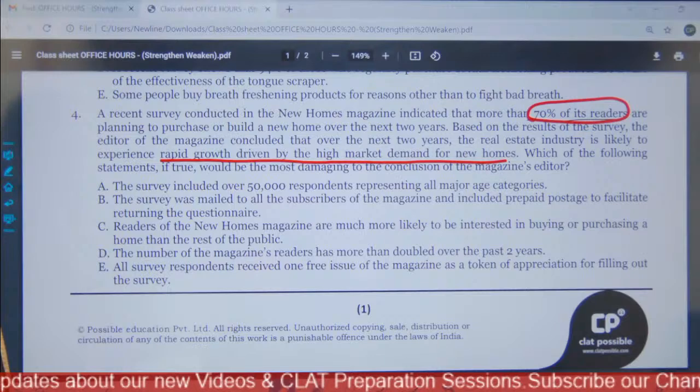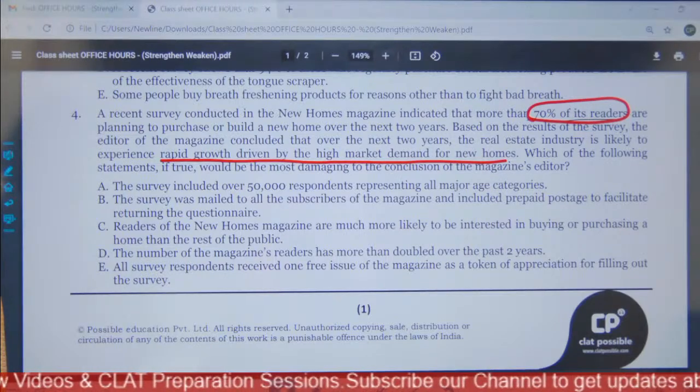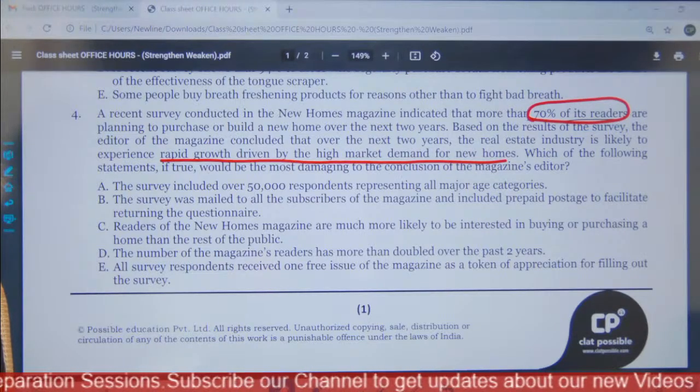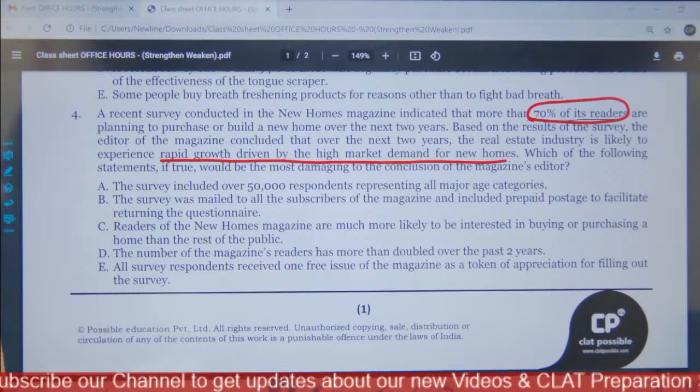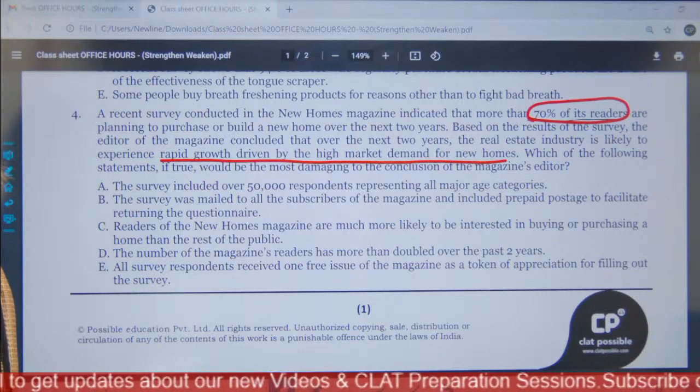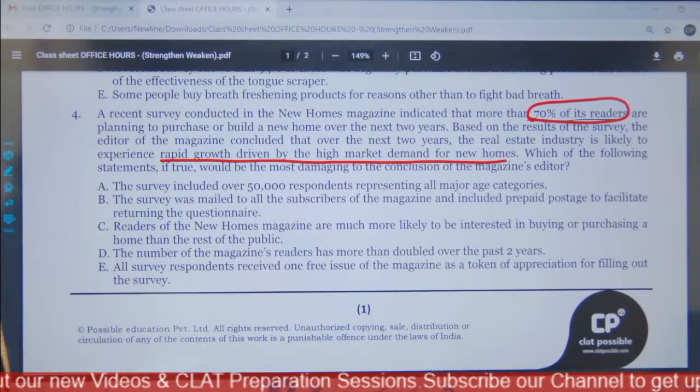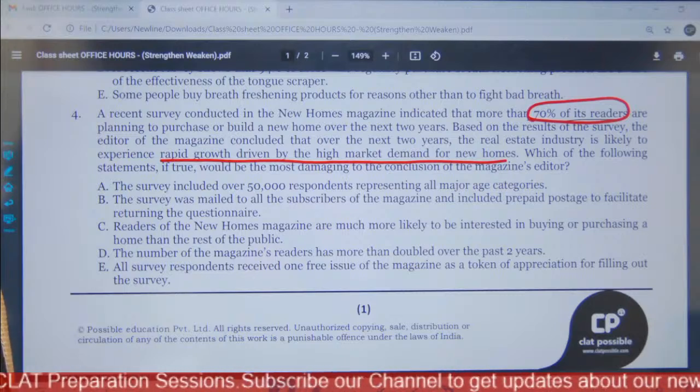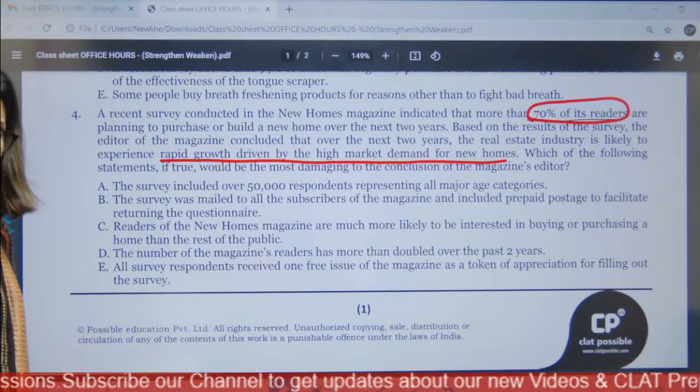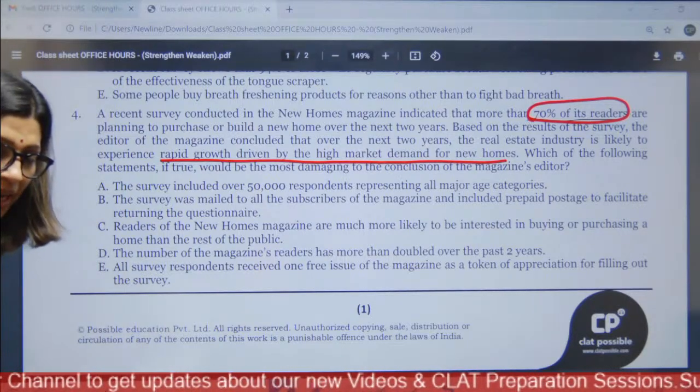Isn't it a fault? On a small sample, the author is basing a major outcome. And this fault is being pointed out.